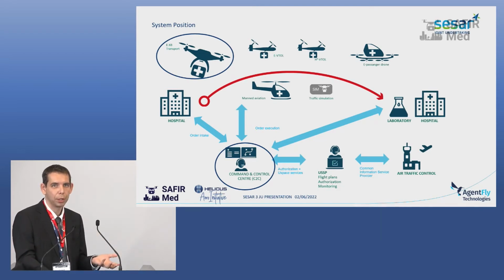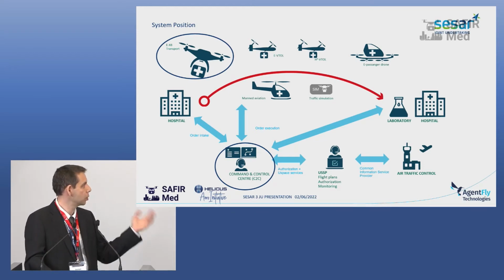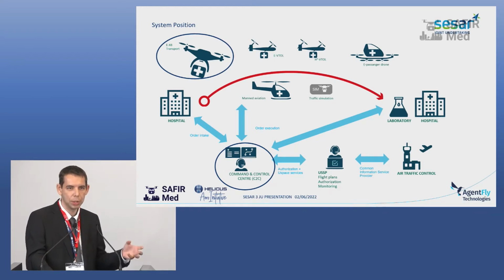Vice versa, we can emulate the C2C, add several C2Cs, and test the functionality of the U-space service providers and so on. We can emulate different parts of the whole ecosystem to make the stress test and the evaluation and validation of going large scale with different components.